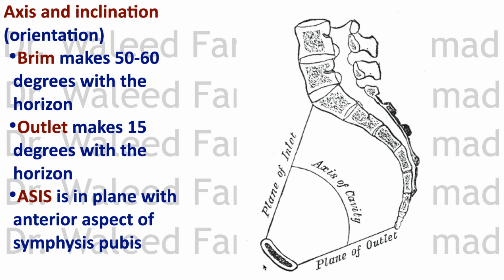In the same position, you will find the anterior portion of the symphysis pubis is in line with the anterior superior iliac spine. Okay, this is the normal inclination and axis of the pelvis. Remember this. The inlet is around 50 to 60, the outlet around 15 degrees with the horizon.